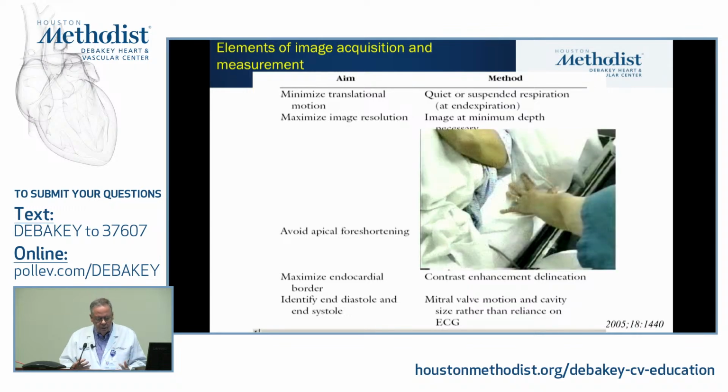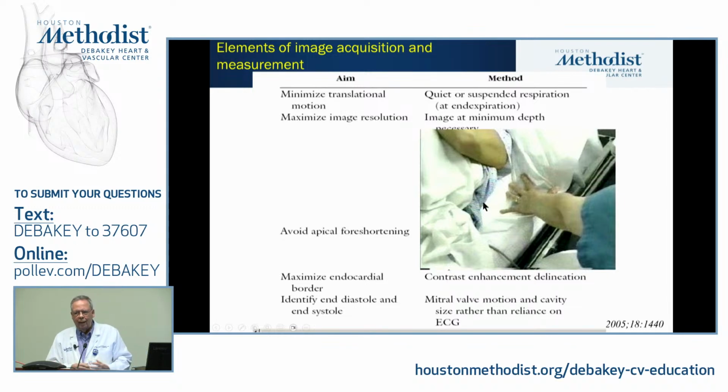So these are some of the image acquisition recommendations, such as quiet respiration, image the ventricle at a minimum depth, maximize your borders, use contrast as required. You had a wonderful talk by Dr. Zogby the other day on contrast. But importantly, have a way to bring that transducer way down, and that's why in an echo lab you have a big wedge cut in the mattress, so you can do that.